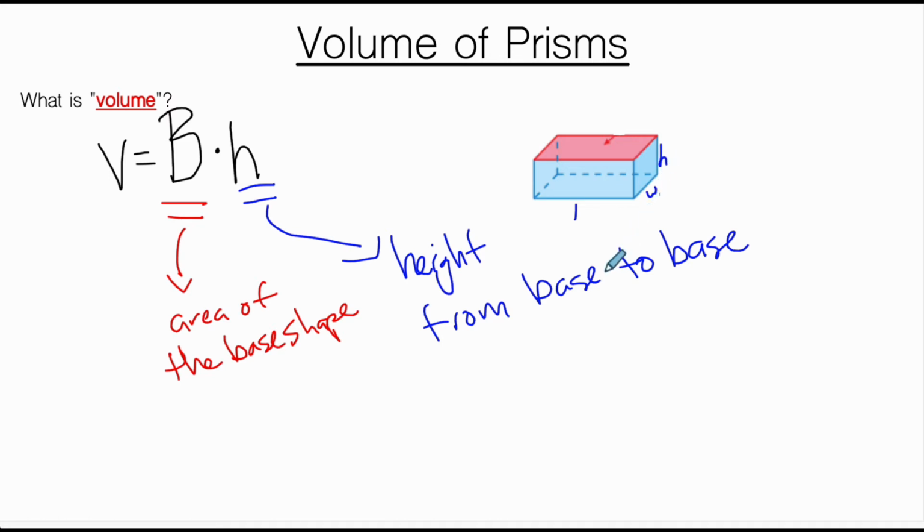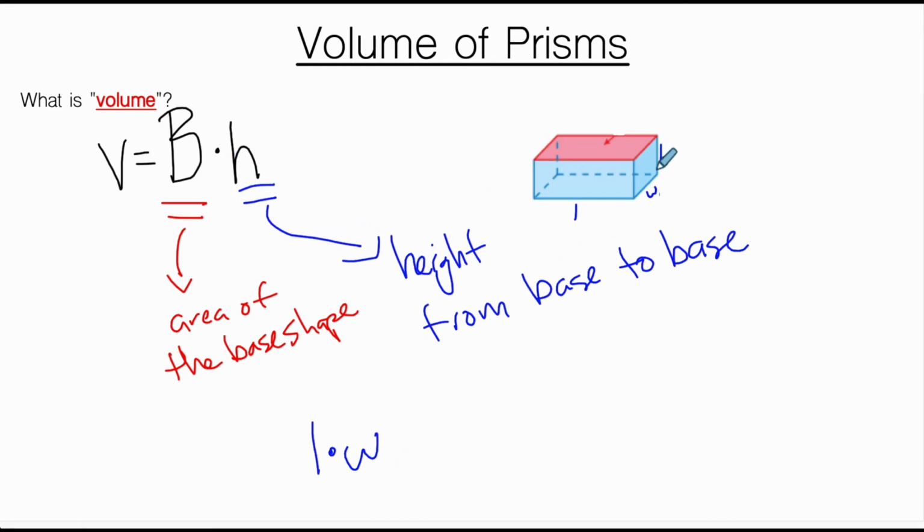And that's why so many people sometimes say, oh, prisms, it's length times width times height. But not all prisms have these three measures. A rectangular prism does. And why do we multiply length times width times height? Well, because the base, which is a rectangle, you find the area of that by doing length times width. And then what do you do? You multiply it by the height of the prism.